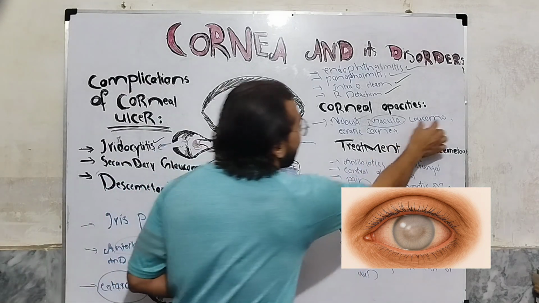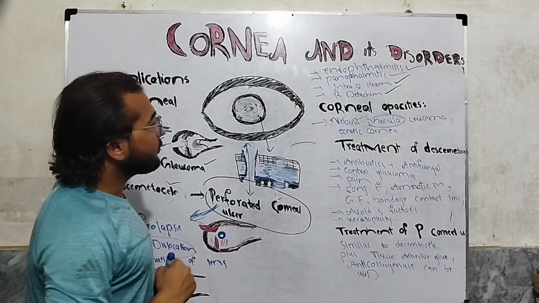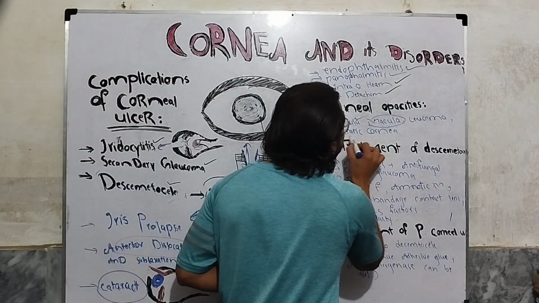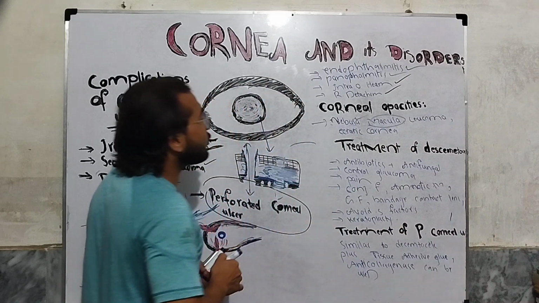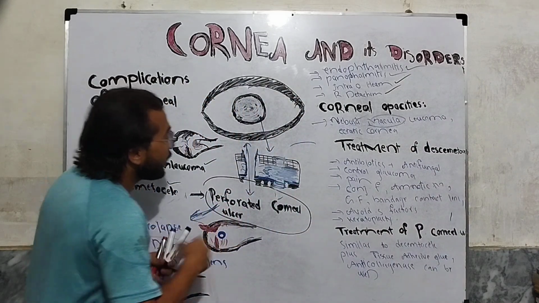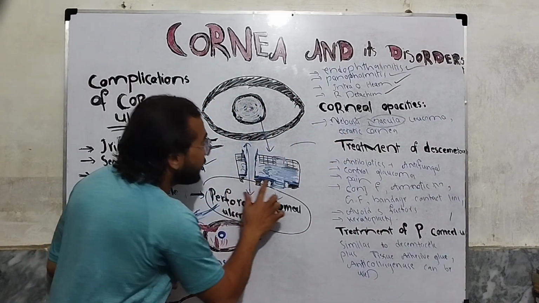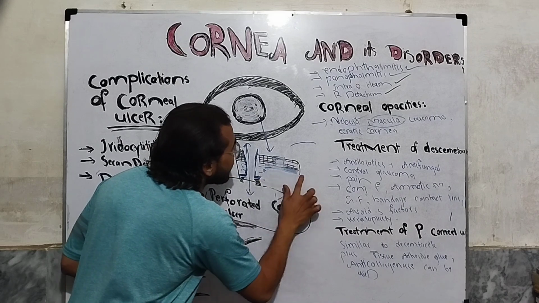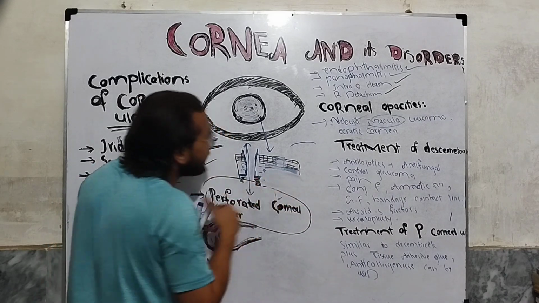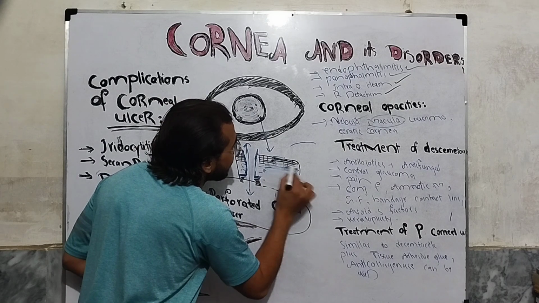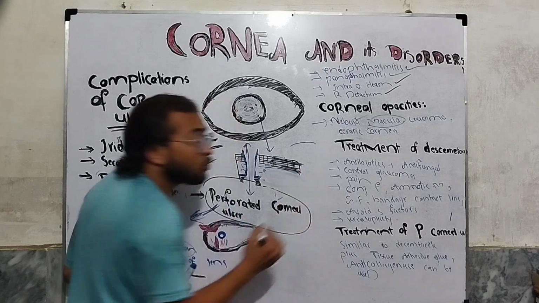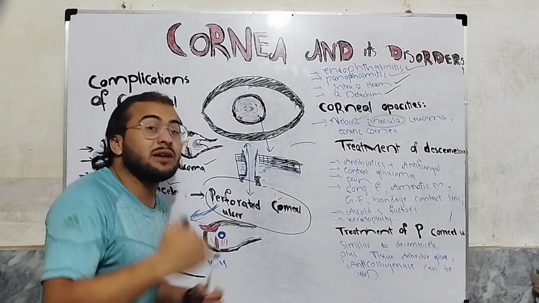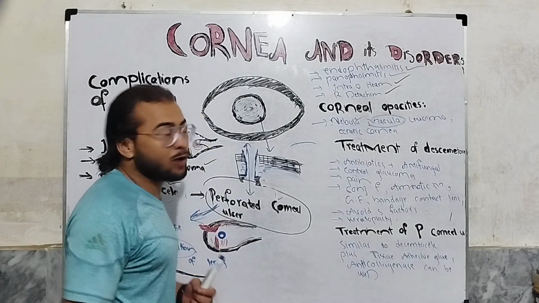This is leukoma. Now the last one is the ectatic cornea. Ectatic cornea is a healed cornea, but the cornea is so much thinned by the destruction that it is a thin healed cornea, which bulges out under normal or increased intraocular pressure.